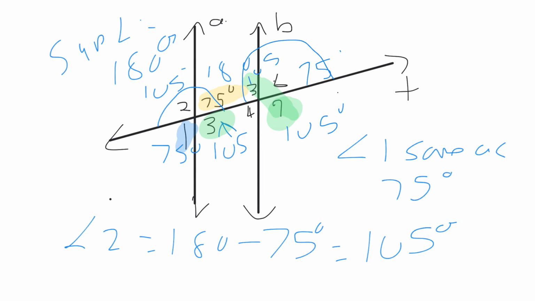And if angle 6 is 75, as vertical angles, angle 4 is 75 degrees. So you can see by just getting one angle of a transversal through parallel lines, you can discover what the other degrees of the angles are.